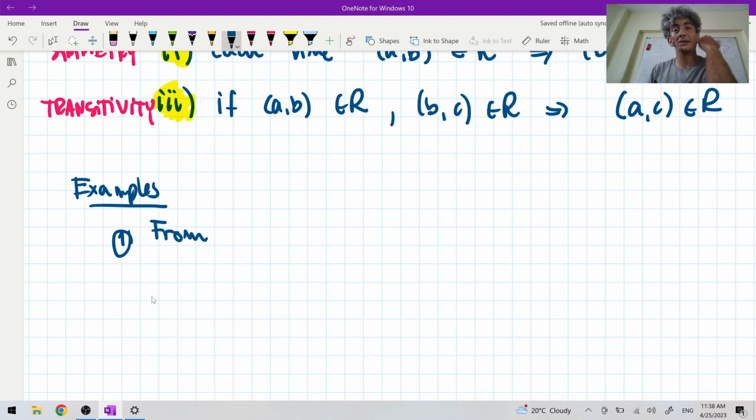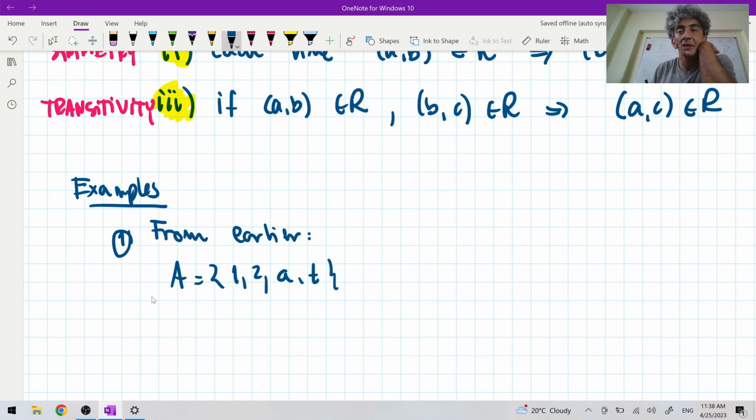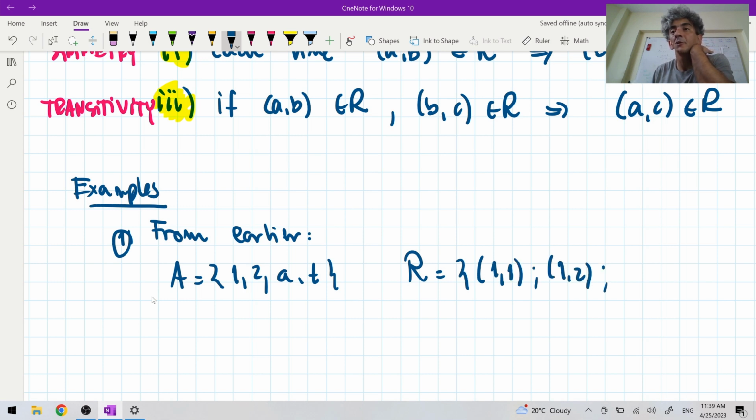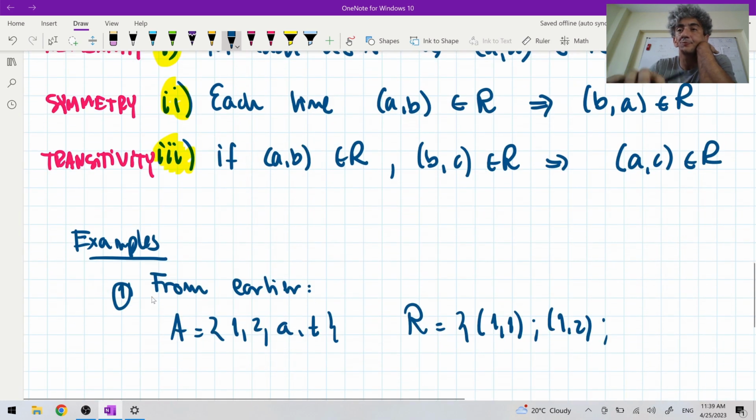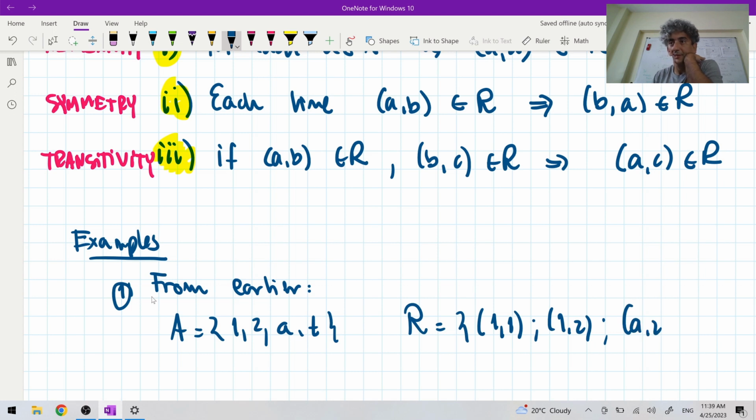From some minutes ago, we have the set A consisting of 1, 2, a, and t, and we had the relation consisting of the pairs 1, 1, 1, 2, I guess it was a, 2, and also the pair t, t, right?